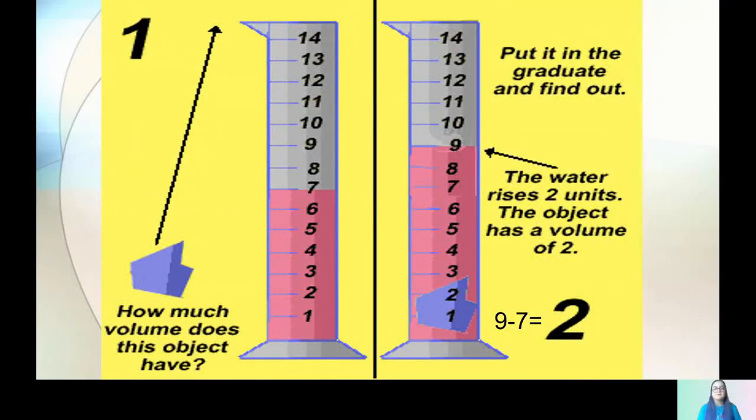To measure the volume of something in a graduated cylinder, again, we have water in a graduated cylinder, and we're able to measure here. It's at the 7 milliliter mark. So that's the volume of the water before. Then we put the shape into the graduated cylinder.